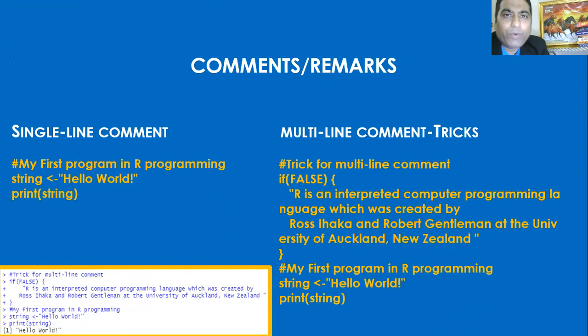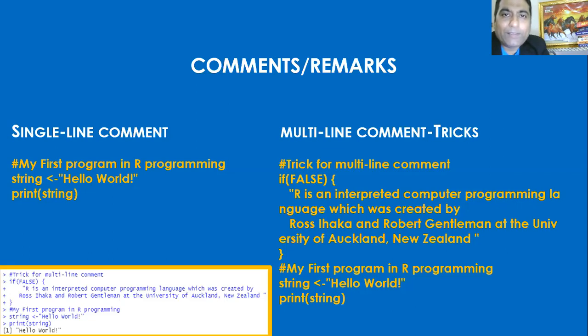But if you want to write about the program or the programmer name or the date when it was created or the version of the file in the program itself, it should be embedded in the program, then it should be non-executed. So before that, you can put the hash sign.